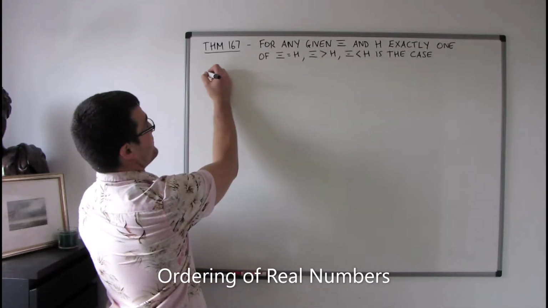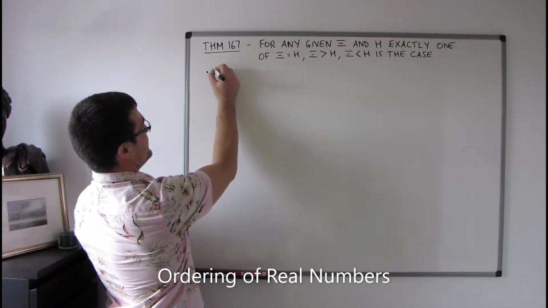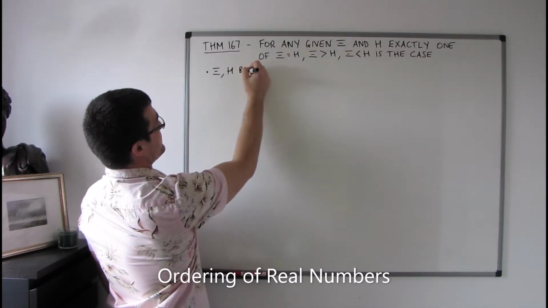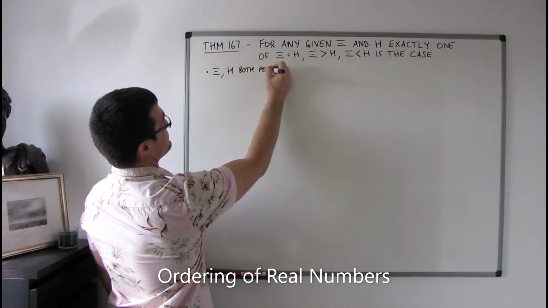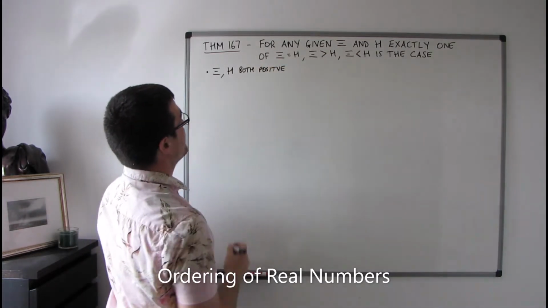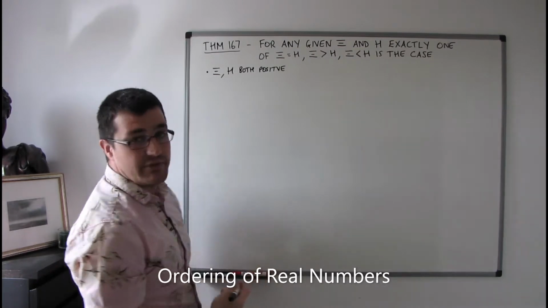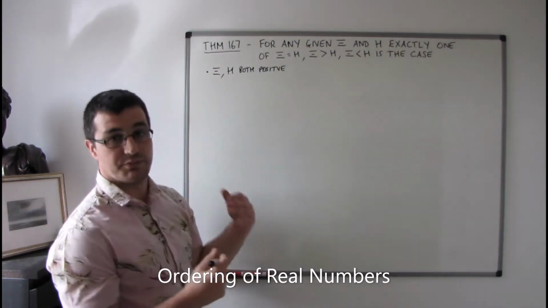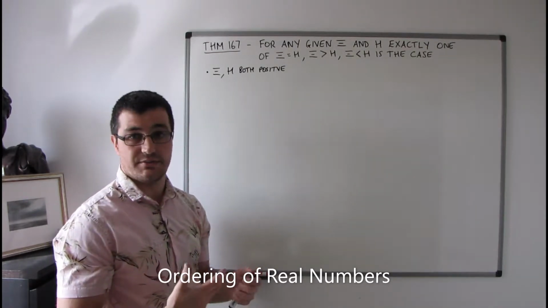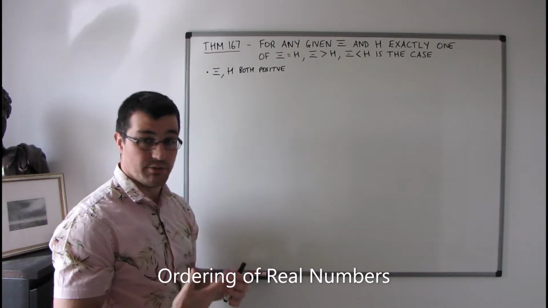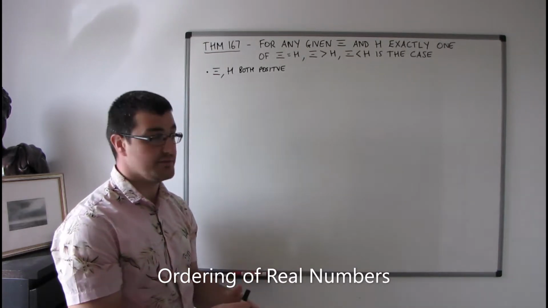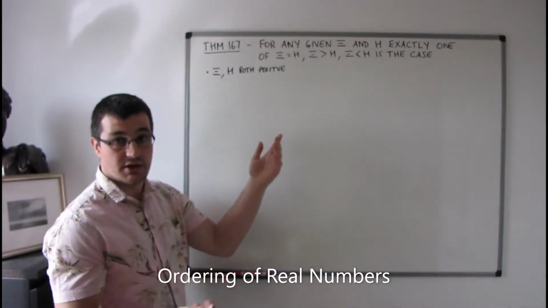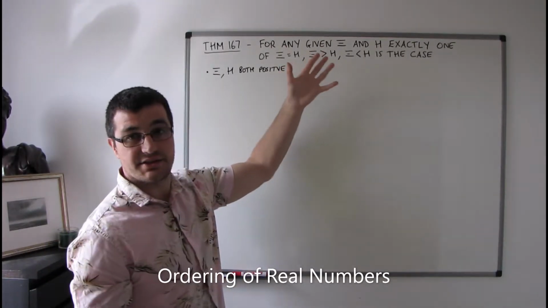So let's have a look at the first case, which is if psi and eta are both positive, then if this is the case, we've actually got nothing to do, because in this case psi and eta would both be, we could represent them both by what we would have used as cut notation previously, and we know that when it comes to cuts, the analogous theorem is true.